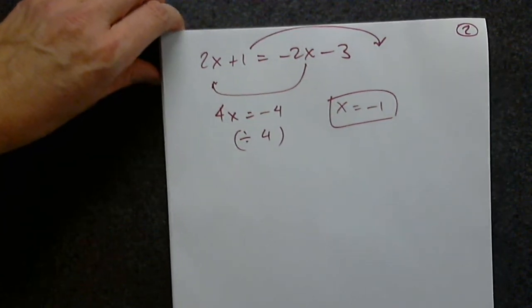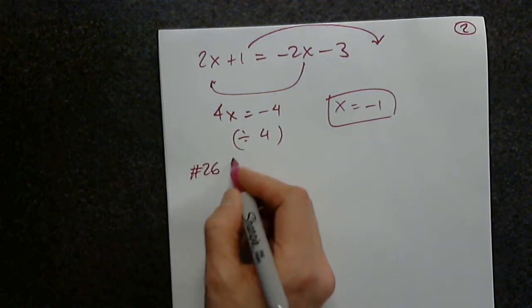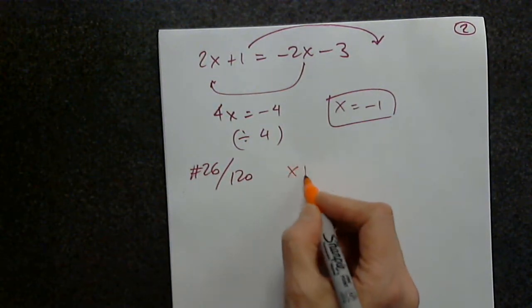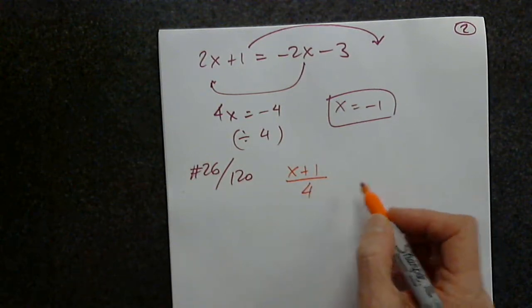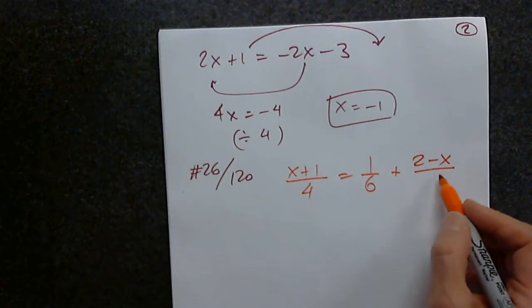Sure. So let's take a look at number 26 on the same page, 120. We have (x plus 1) divided by 4 equals 1 over (x plus 2) minus x divided by 3.